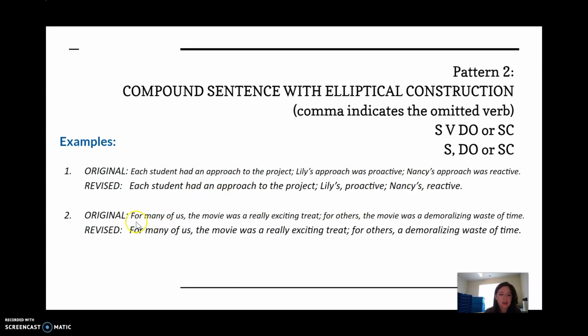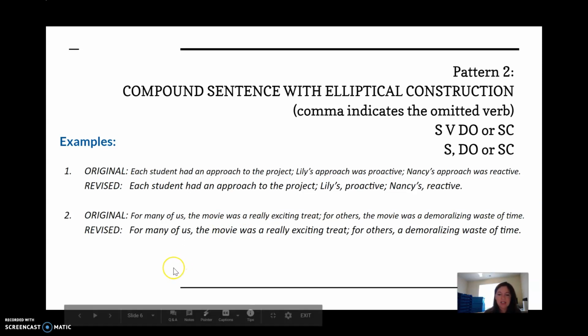Let's see it at use again. For many of us, the movie was a really exciting treat. For others, the movie was a demoralizing waste of time. So again, here we see the repetition of phrasing. And usually you can notice that there's a problem when it's a to-be verb, because to-be verbs can feel very wordy, or any other kind of verb that's small and unoriginal: to get, to be, to have.